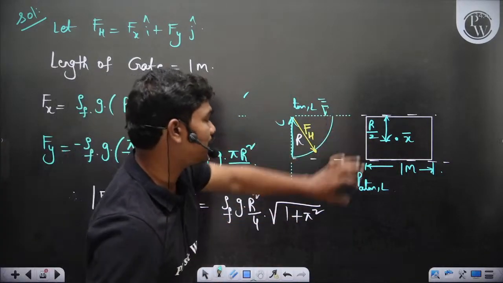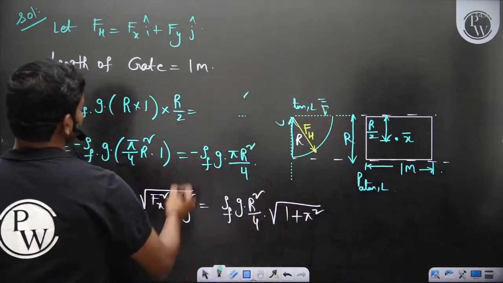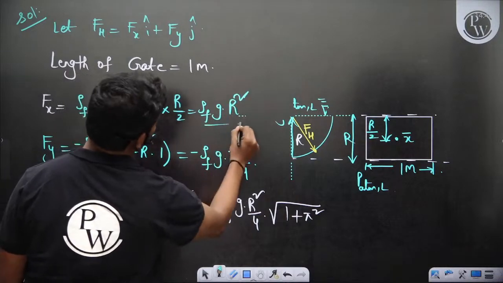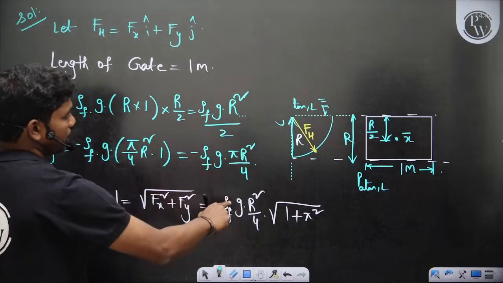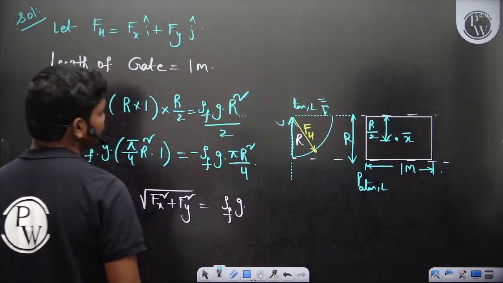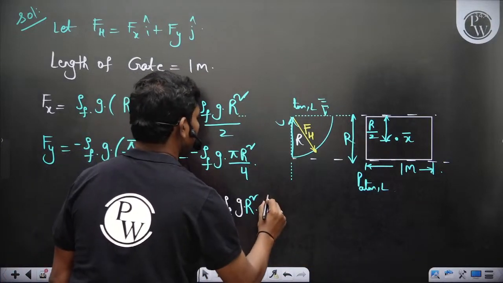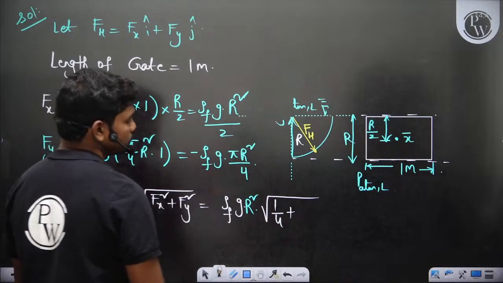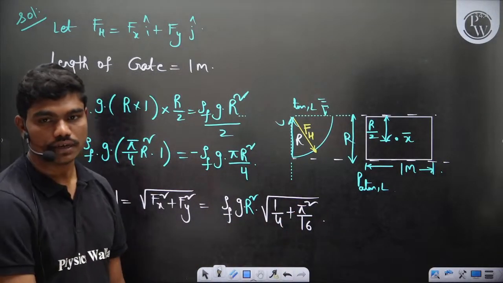Because this total height is r. So this is rho f g r square by 2, of course, and this is rho f g pi r square by 4. So if you take the values, rho f g r square would come out into root of 1 by 2 whole square, plus pi by 4 whole square, which is 1 by 4 plus pi square upon 16. So this would be the value.